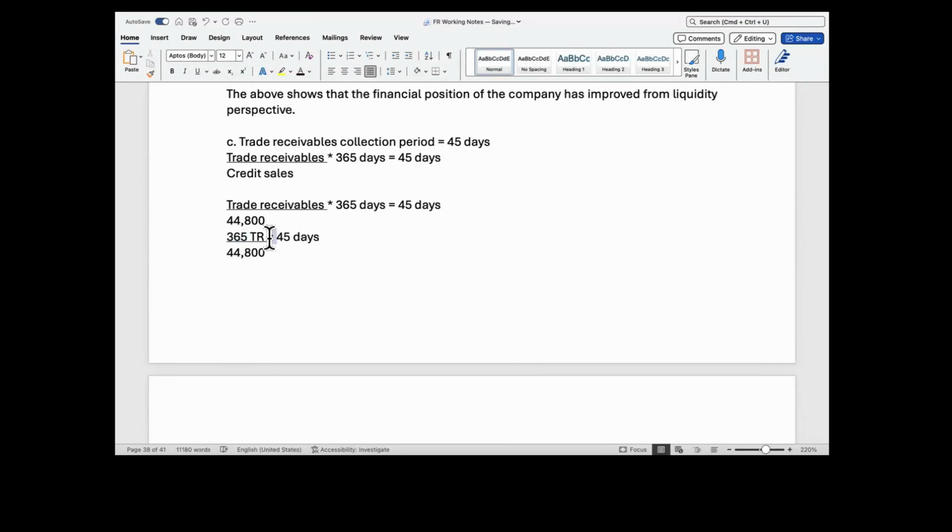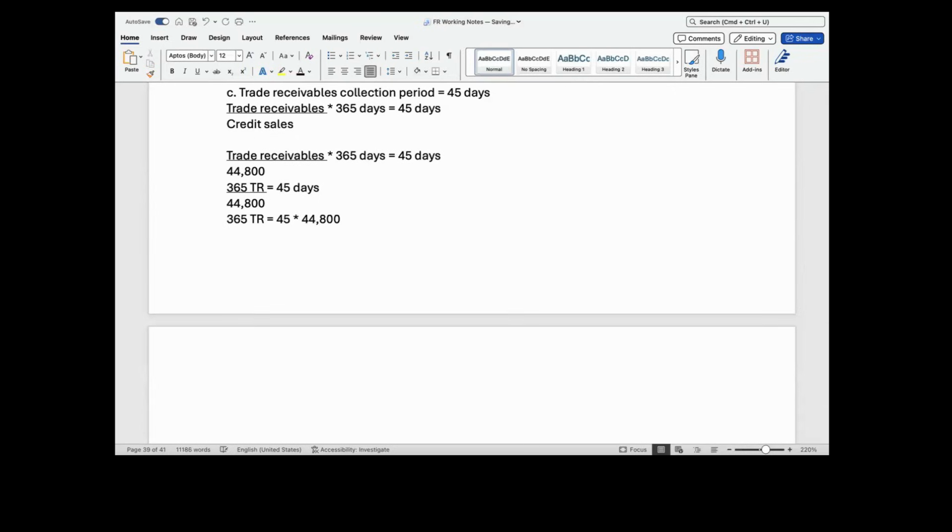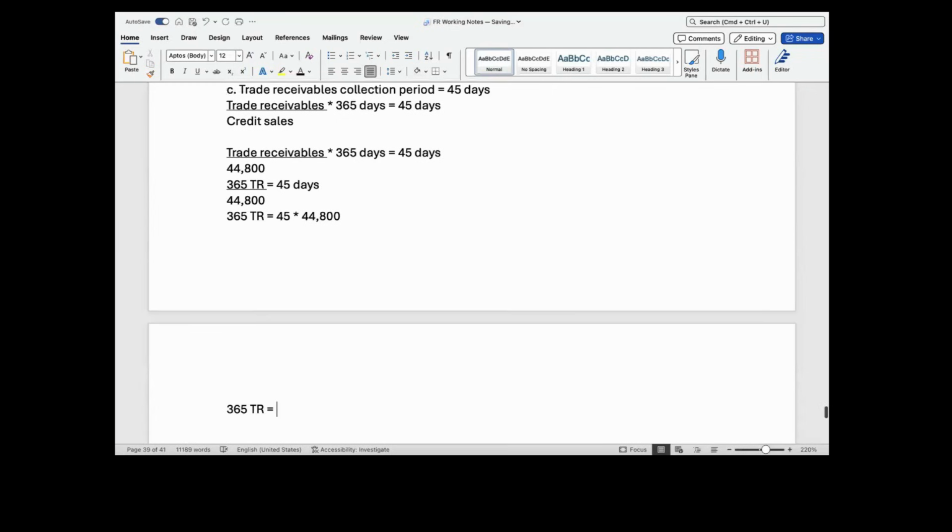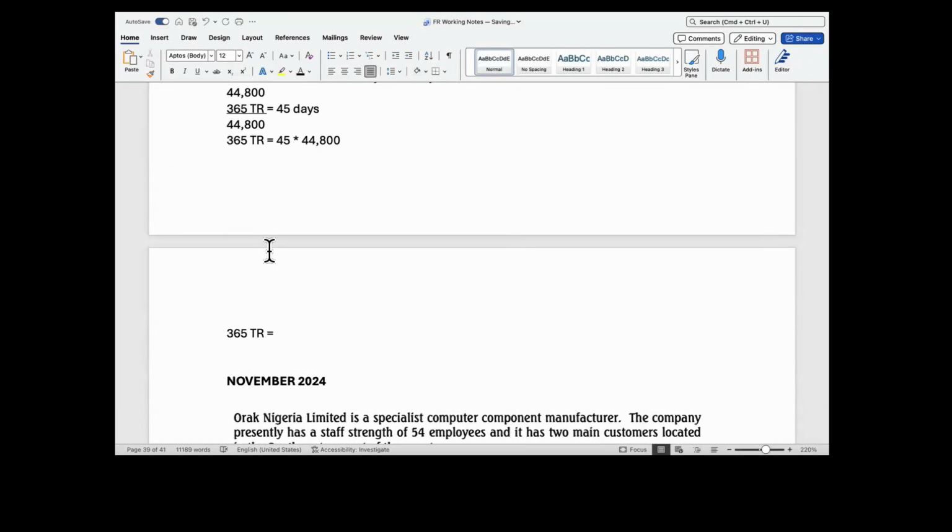I can cross multiply, if you know what I mean, in the sense that I'll have 365 TR equals 45 multiplied by 44,800. So 365 TR equals, what's 45 times 44,800? 2,016,000.